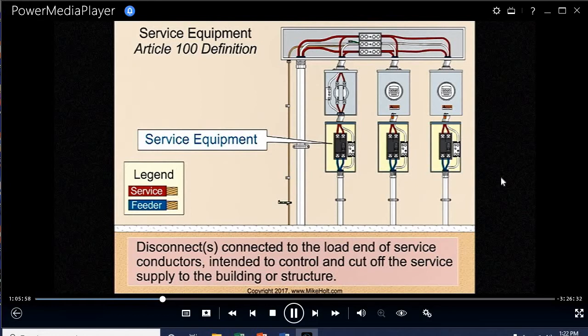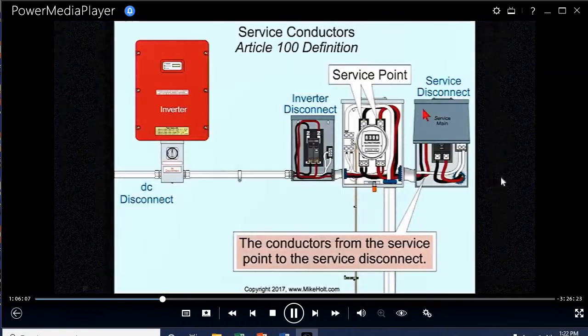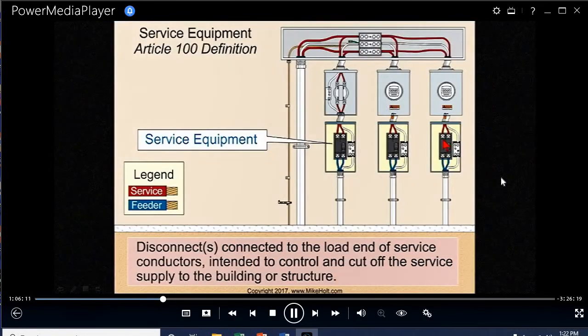It's not a load. So our brain has to look a little bit different. I don't want to get too detailed, but I just want us to understand service conductors are conductors that go to service equipment. Service equipment is the main means of cutoff to the building. So therefore, these would be service conductors, and that's service equipment.